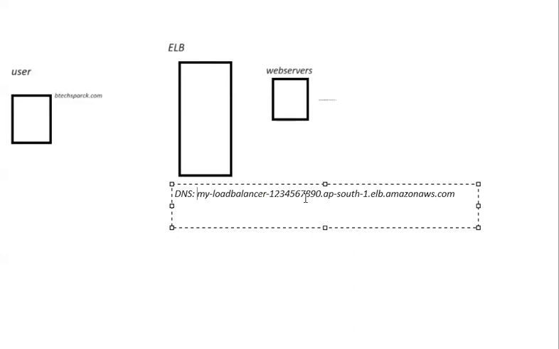Now users are searching for BTech Spark, that is my website URL. But the user's request needs to reach the DNS URL provided by the ELB. Then only they can reach my web servers, right?